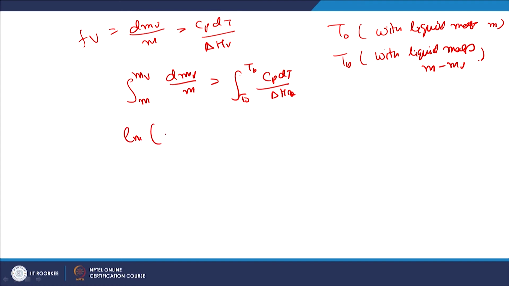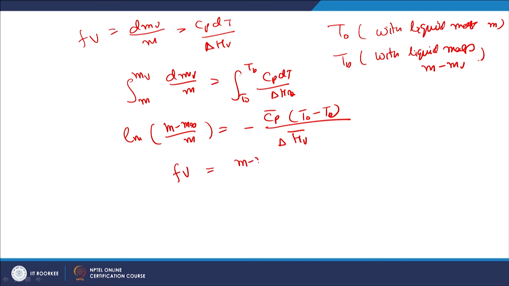Now, ln of (m minus mv upon m) is equal to minus Cp (T naught minus Tb) upon delta HV bar. So, Fv is equal to m minus mv upon m, which is 1 minus mv upon m.